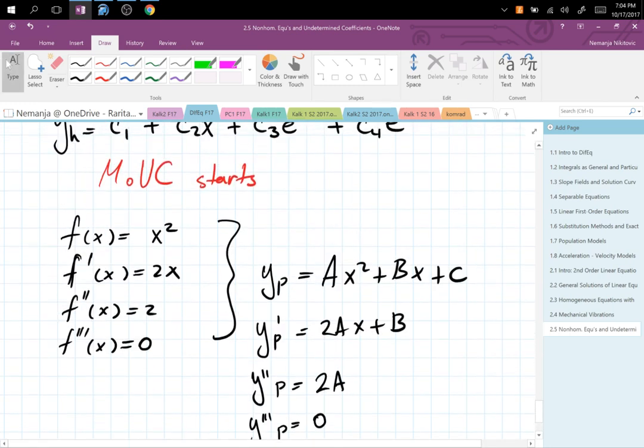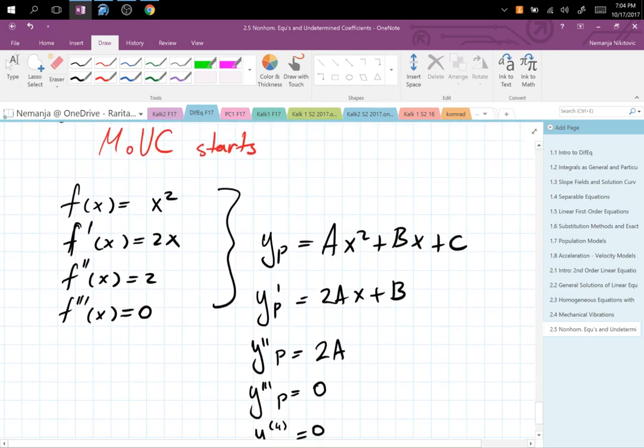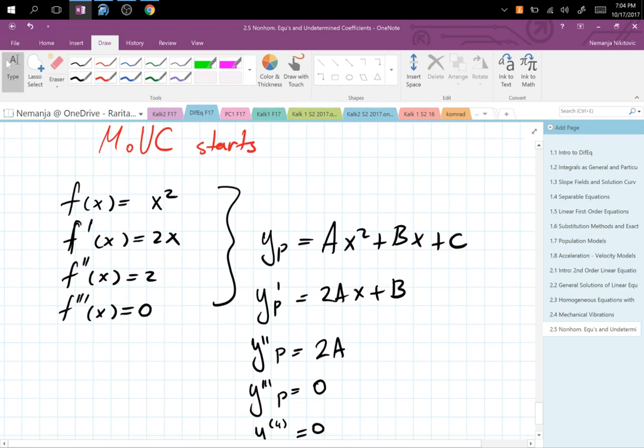So from here we see that a is 0, so this is why x squared, 2x, 0. All others are zeros forever.